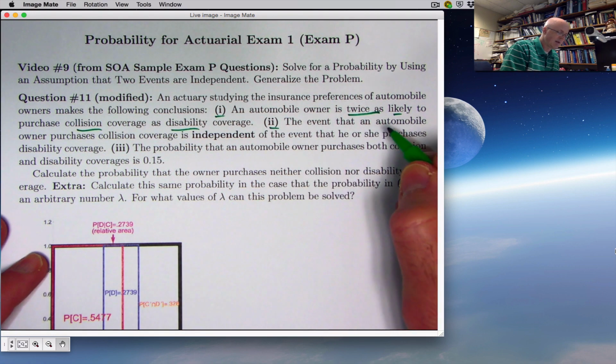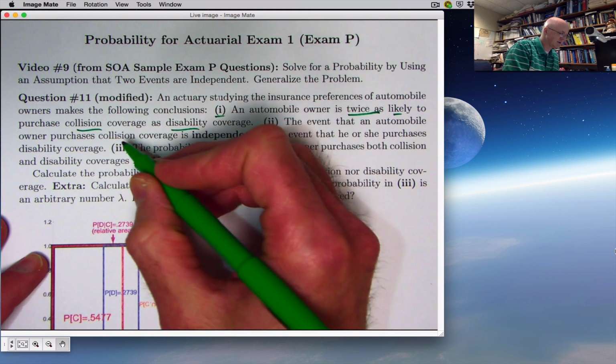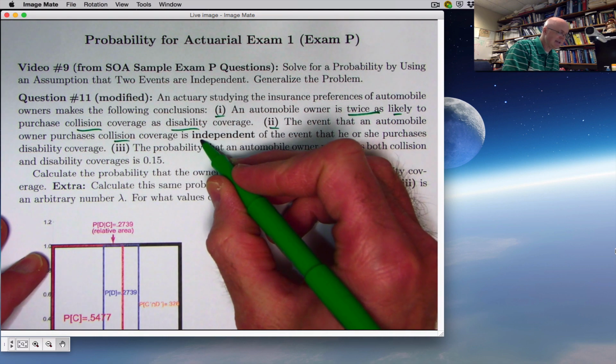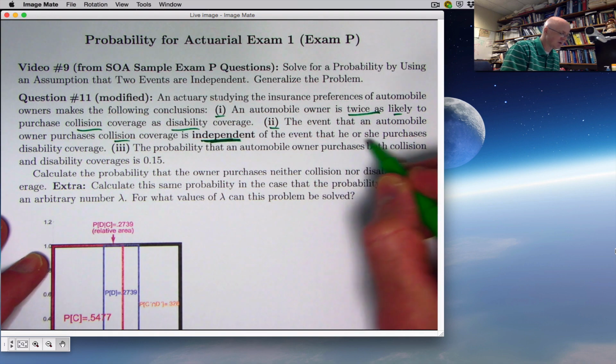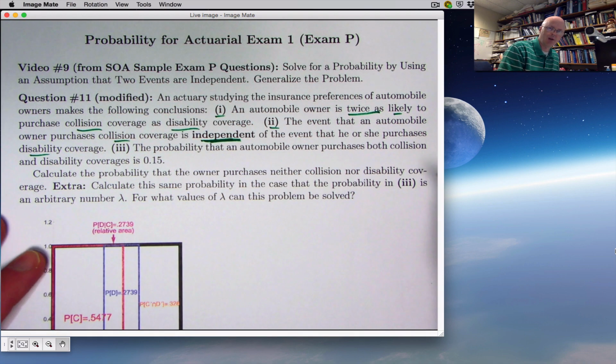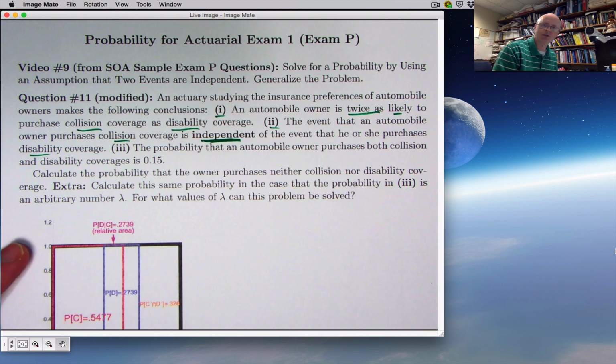2, the event that an automobile owner purchases collision coverage is independent, there's the key word, independent of the event that he or she purchases disability coverage. Unrelated. If you know they've purchased collision coverage, it doesn't affect your assessment of the chances that they've purchased disability coverage and vice versa.